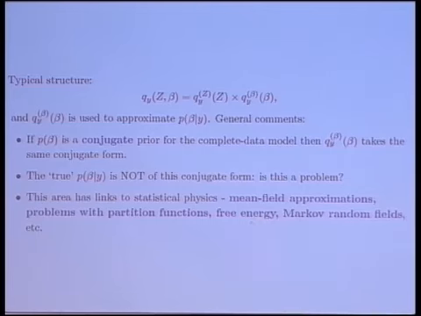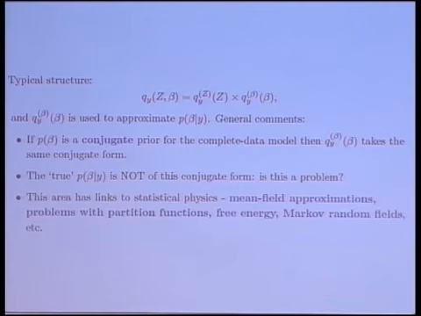Well, comments about this. If you knew what the z's were, there are certain circumstances where the Bayesian analysis is very straightforward. If the log of the likelihood is quadratic in the betas and the log of the prior is quadratic in the betas, in other words, it's Gaussian, then the log of the posterior is also Gaussian.